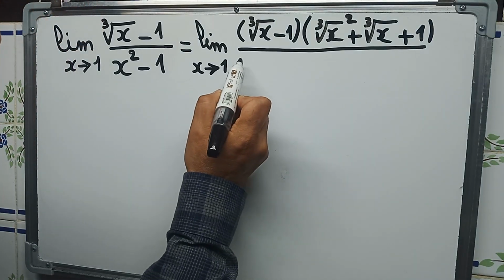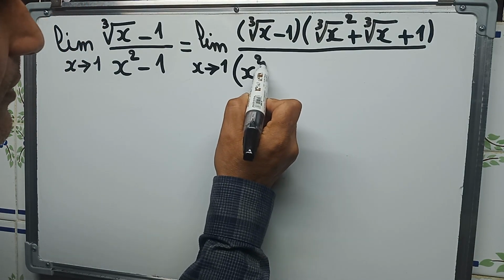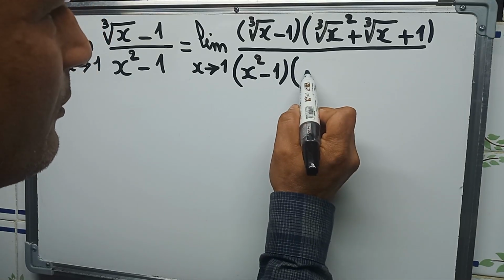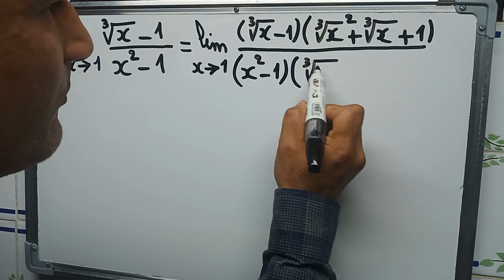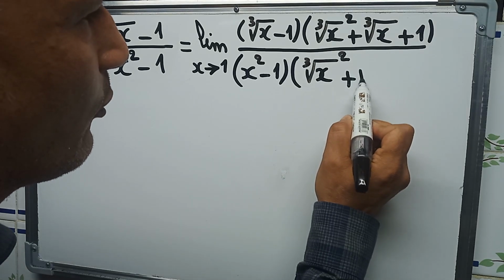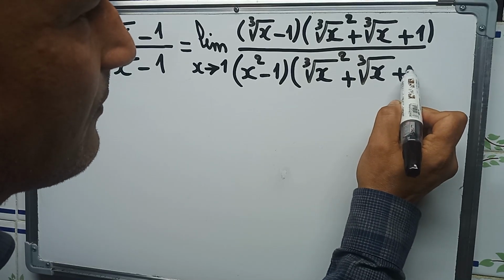And we'll do the same in the denominator. So here we have x squared minus 1 times (cube root of x squared plus cube root of x plus 1).